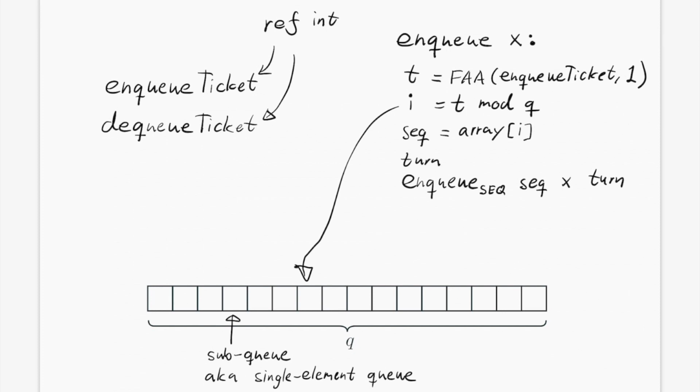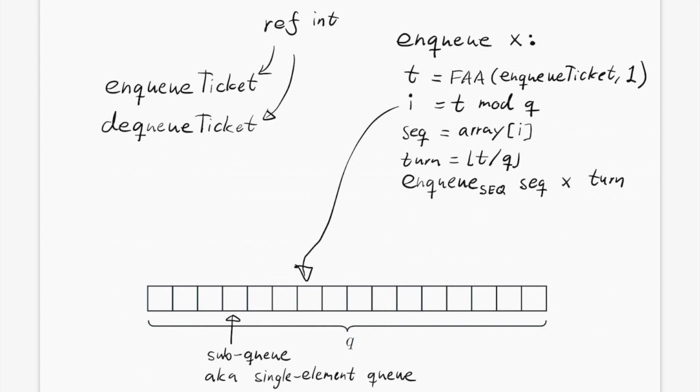And in our case, this is just the number of times that we've wrapped around the entire queue, which is t divided by q rounded down. And giving the turn in this way ensures that the ticket we took from the enqueue ticket in the beginning also determines the order in which we get to enqueue our element to the single element queue. And this concludes enqueue, and dequeue works in a very symmetric way.